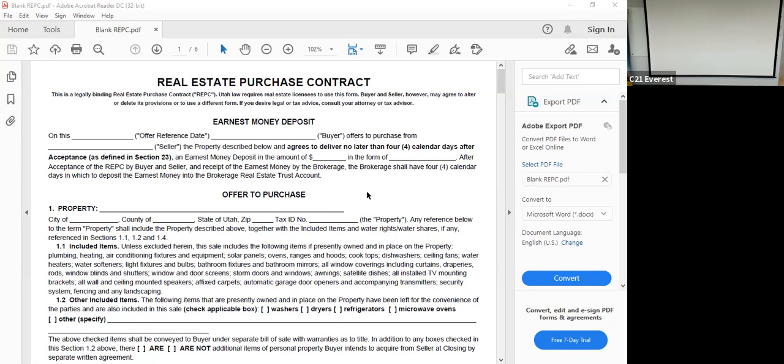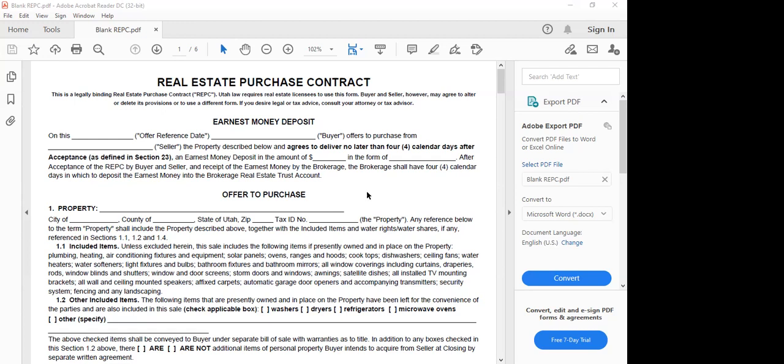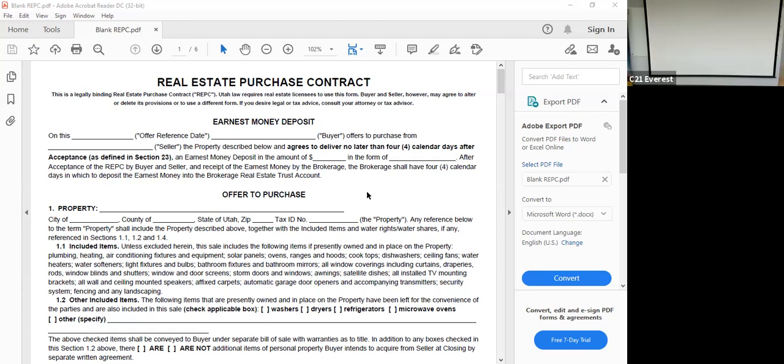And so we have an obligation and a fiduciary duty to make sure that we are protecting the earnest money. This first paragraph talks about the amount of the earnest money and how it is going to be received, whether it be a personal check, cashier's check, or wire transfer. We're going to break that down.